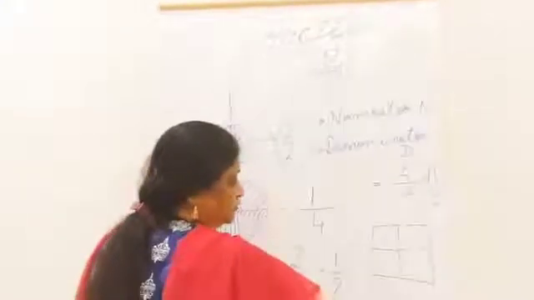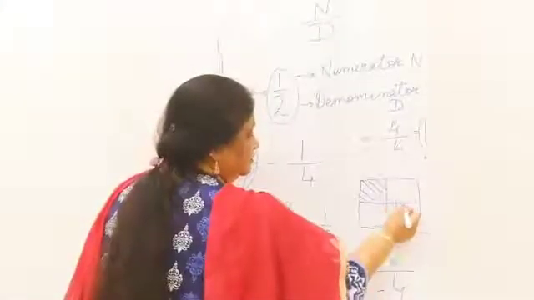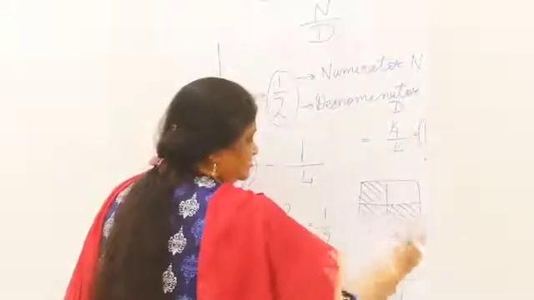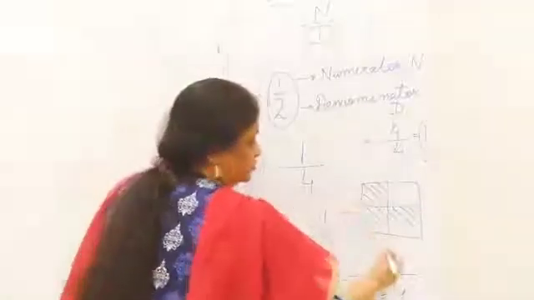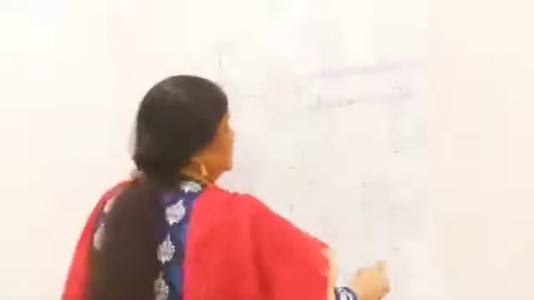Now out of these 4, how many are used? 1, 2 and 3 I have used. So the numerator is 3.